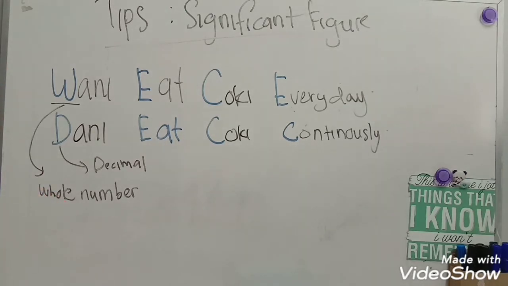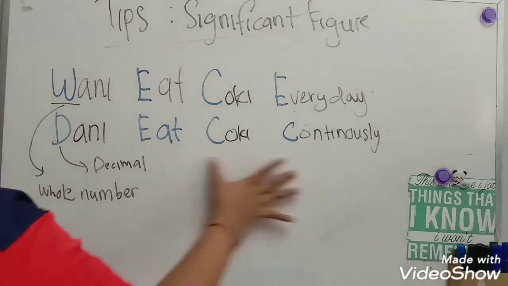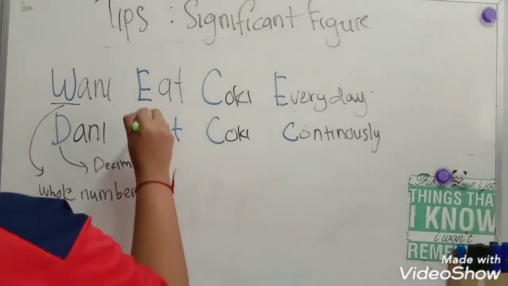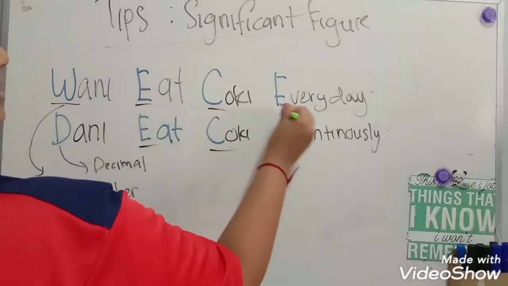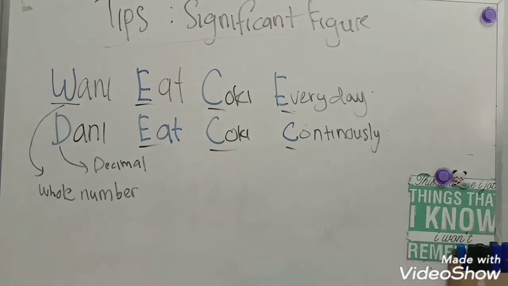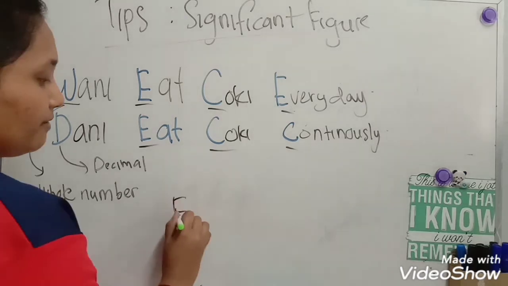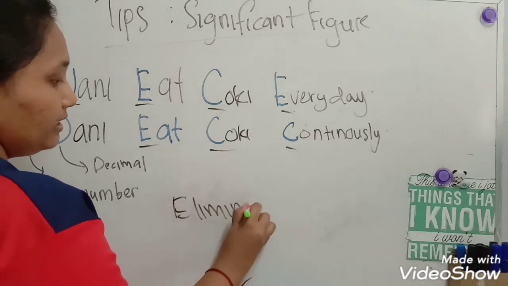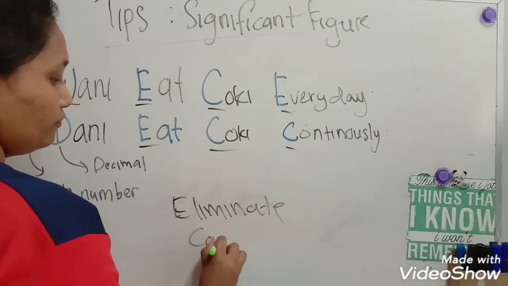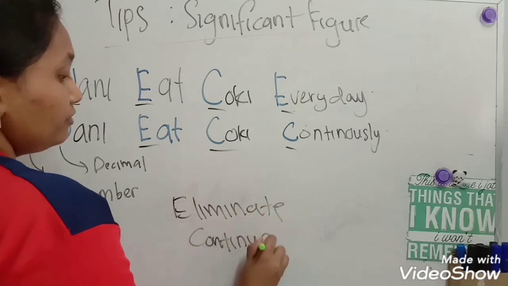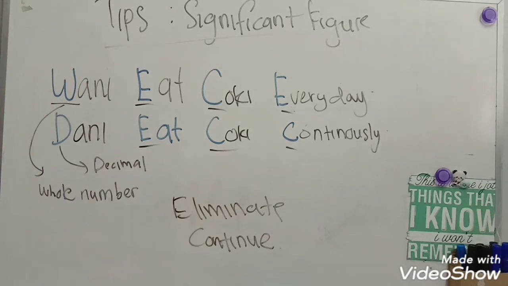So you must remember this. How are you going to do the three of this? So this is E, C, E, C. This E and C, as I said before, you must remember: eliminate and continue. Whether you want to eliminate the 0 or continue with the 0, this E, C, E, C reflects eliminate and continue.